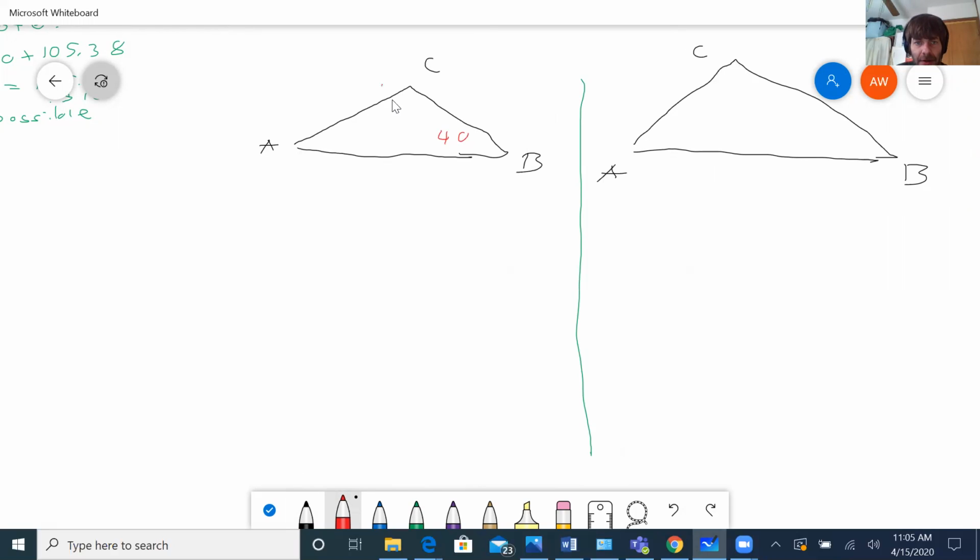I have 74.62 as a possible C. And I guess A would be 180 minus 40 minus 74.62, which is 65.38.